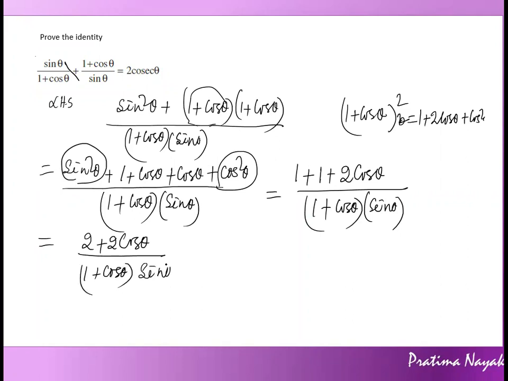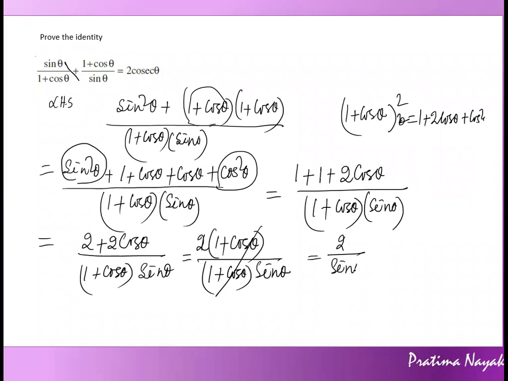Always make a link, which one is similar to which question. So 1 plus cos theta, 1 plus cos theta cancel. 2, and when sin theta is in the denominator, it is cosec theta. So 2 cosec theta. Hence proved.